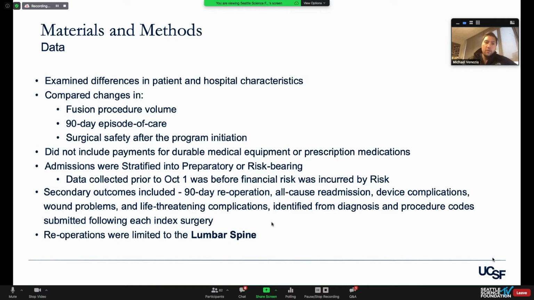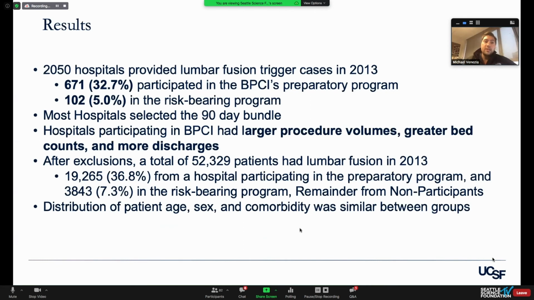There was a bit of an overlap, as data collected prior to October 1st at the risk-bearing institutions were not at financial risk, so they were pseudo in the preparatory stage, and the reoperations were limited to the lumbar spine itself. For the results, there were just over 2,000 hospitals that provided these trigger cases.